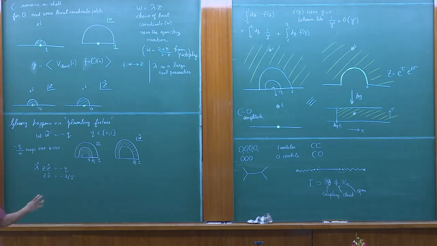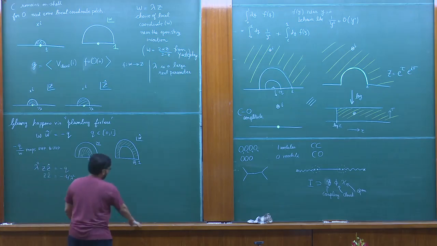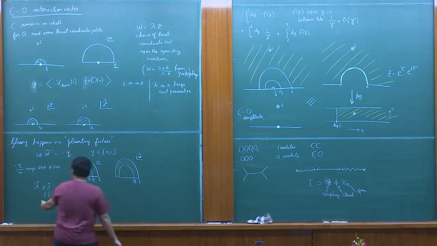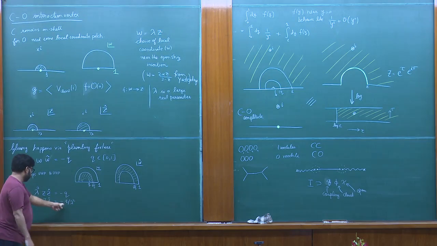Okay, so now coming to Sandeep's question, what is really going on here? There is some cut and paste we need to do, and the cut and paste will happen in these planes. You see, Z Z hat is equal to minus q by lambda square, which means again the square root of this quantity is an important thing to consider.